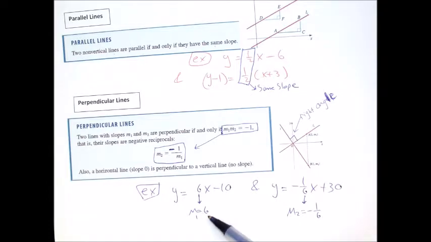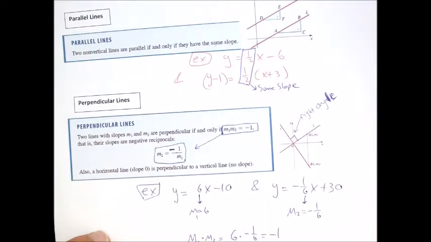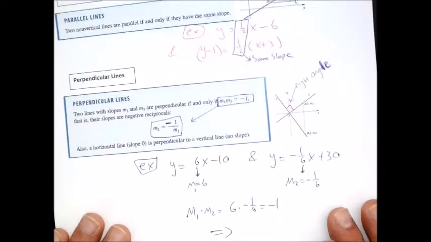So when you flip the fraction 6 over, it becomes 1/6. And when you flip the fraction 1/6 over, it becomes 6. Those two are reciprocals of each other, and negative reciprocals because one's negative and one's positive. So we see that m1 times m2, when we multiply those two slopes together, we get -1, and so that means these two lines are perpendicular.